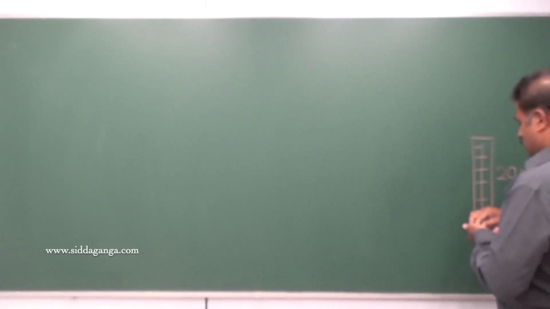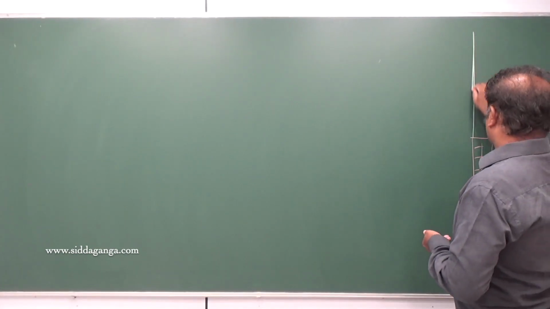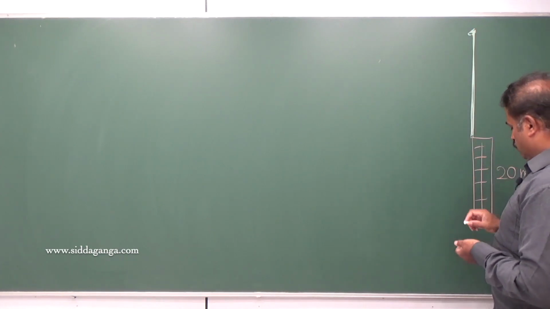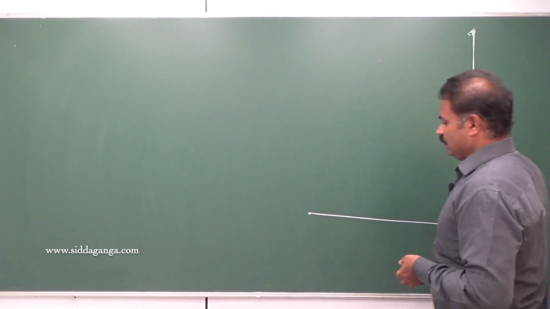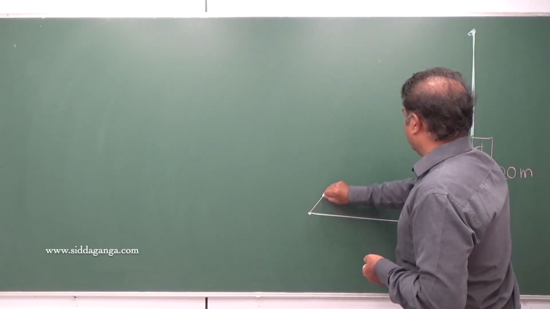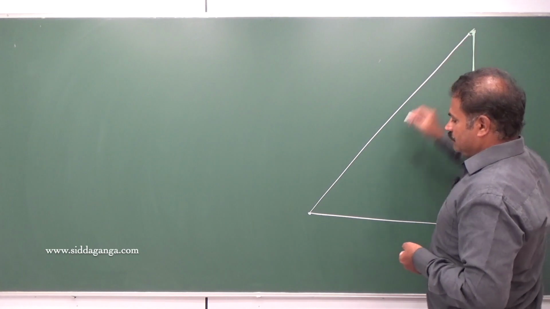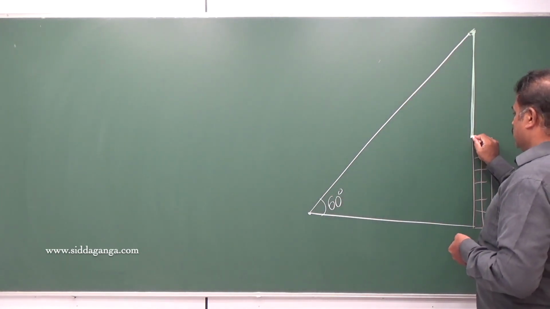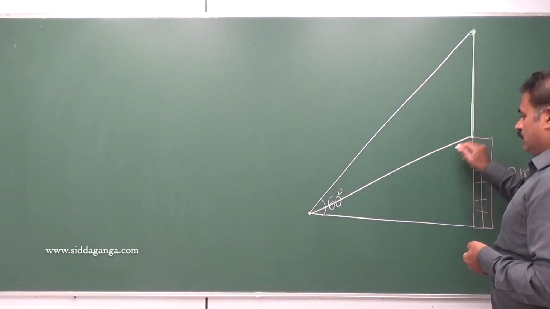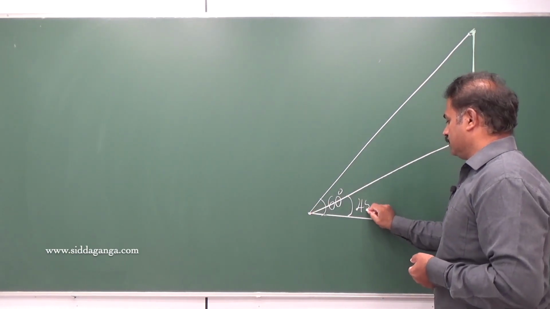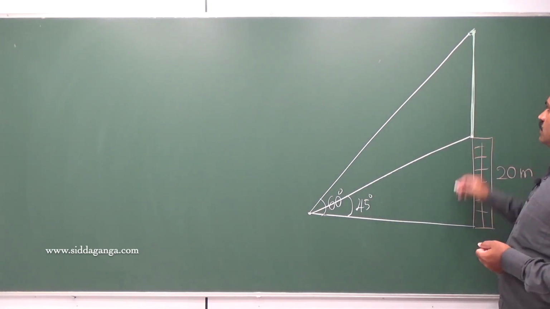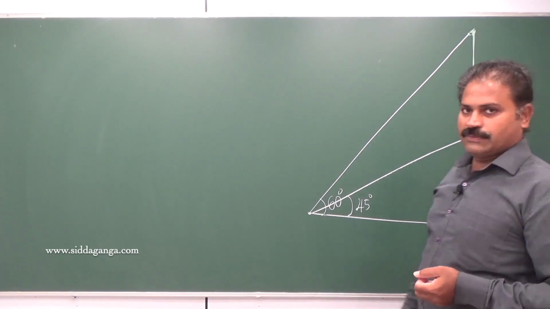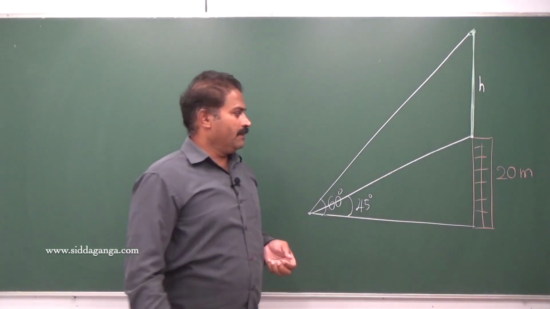And above that you have a transmission tower. From a point on the ground, the angle of elevation to the top of the tower is 60 degrees and to the bottom of the tower is 45 degrees. You need to calculate the height of the tower, so we'll take it as h. Got the question?